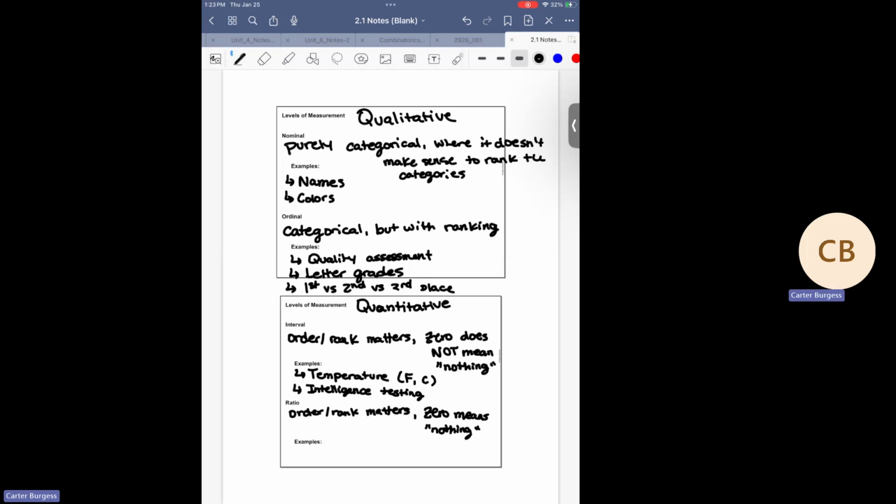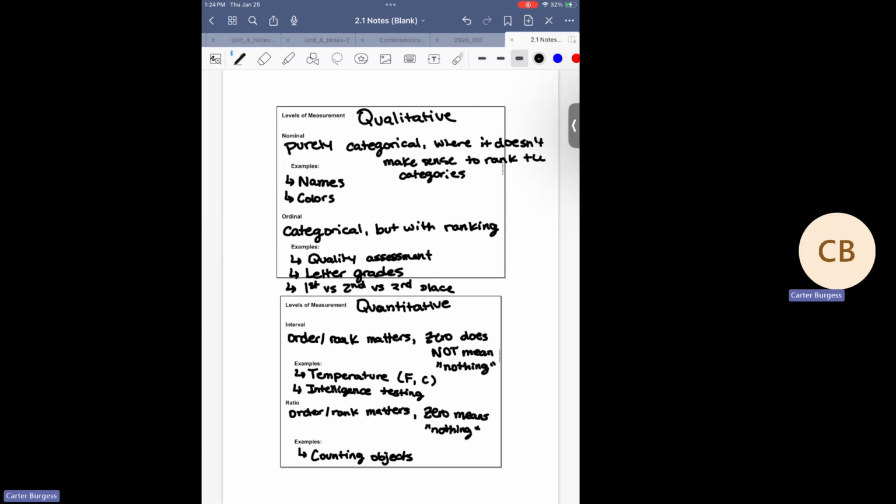It means that I don't have any sweatshirts. So counting is a great example, like counting objects. If I have 0 blue M&Ms, then I don't have any blue M&Ms. It doesn't mean anything crazy or special.